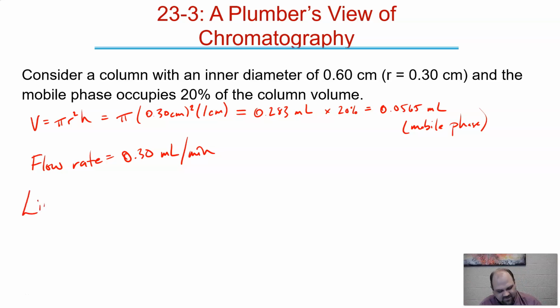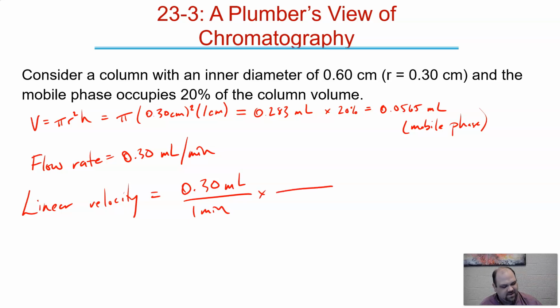And so the linear velocity is 0.3 milliliters per minute. And we're going to divide that by what we know is our volume. And so really what we're saying is that for every centimeter, there's 0.0565 milliliters of our mobile phase.